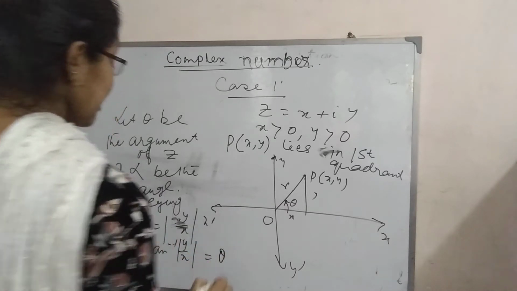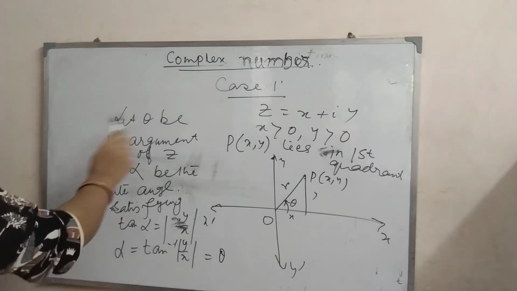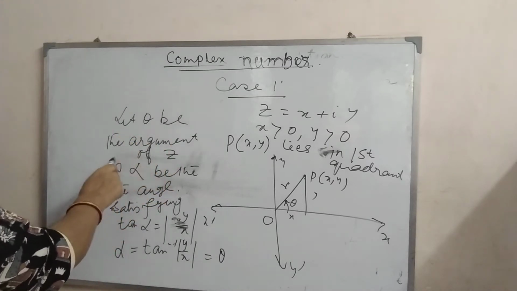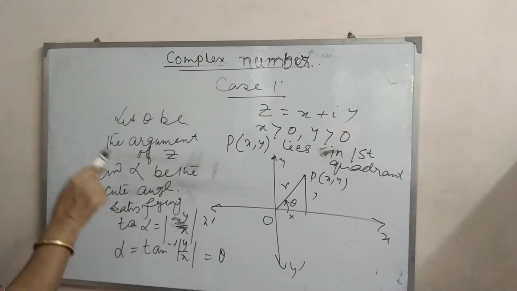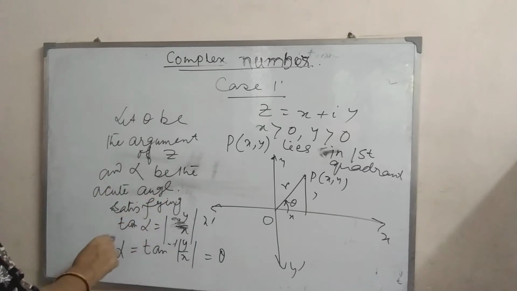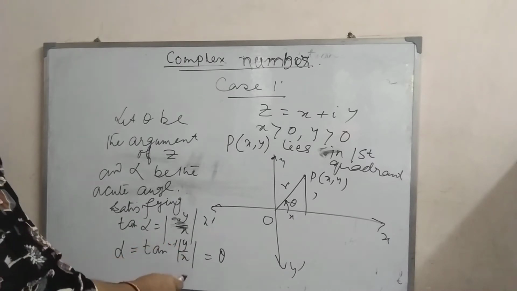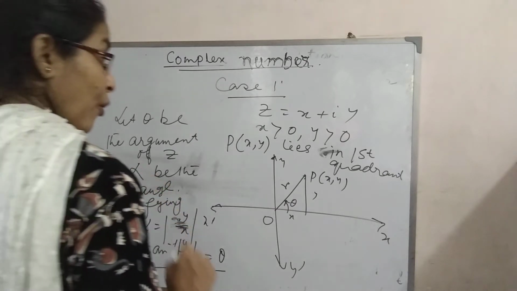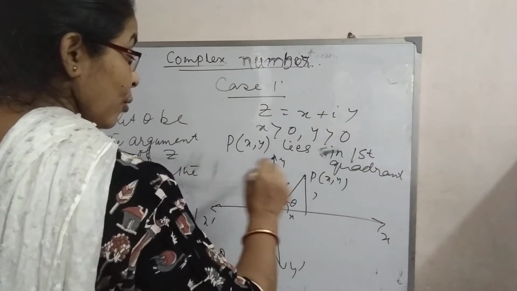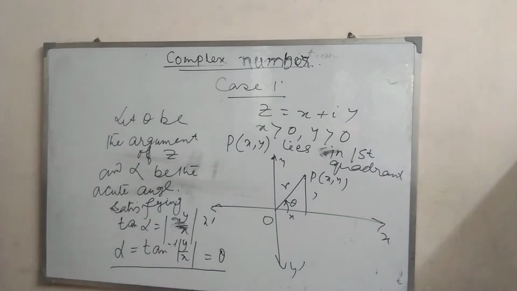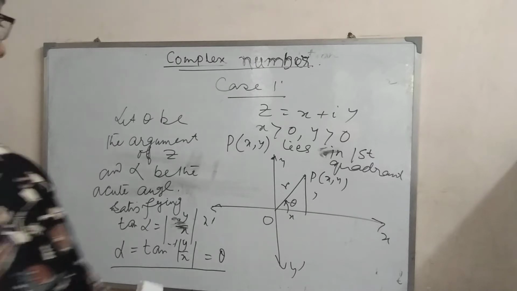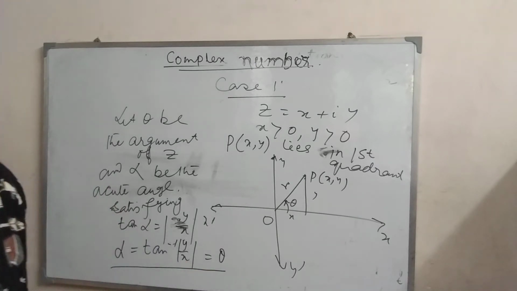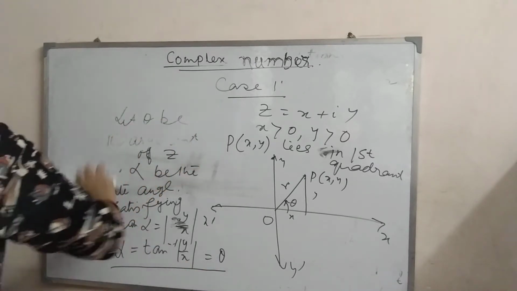Theta is the argument of z, and alpha is the acute angle satisfying tan alpha equal to y by x. Here alpha equal to theta when P lies in the first quadrant. Then alpha equal to theta, this is the argument of z.